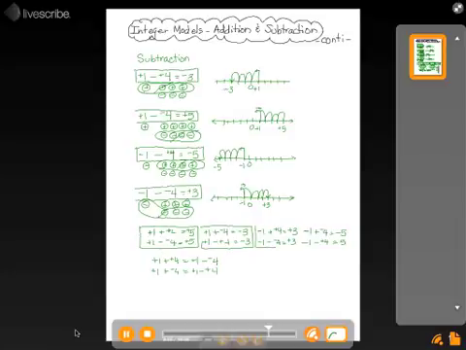And with these two, we have a -1 plus a +4 is equal to a -1 minus a -4. And finally, a -1 plus a -4 is equal to a -1 minus a +4.